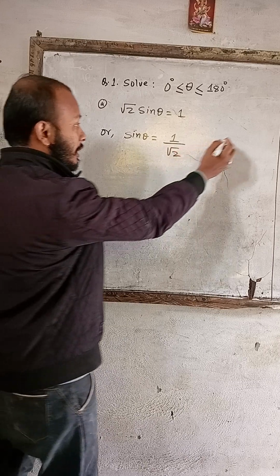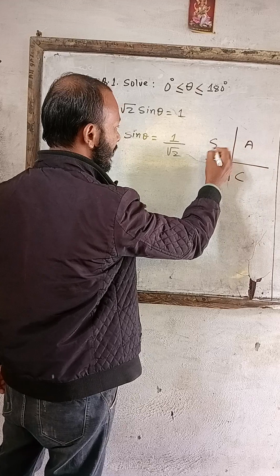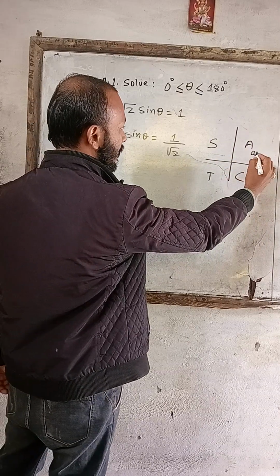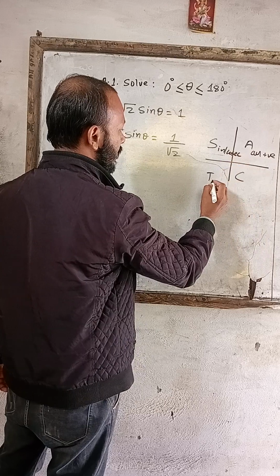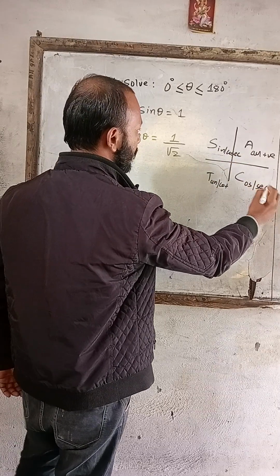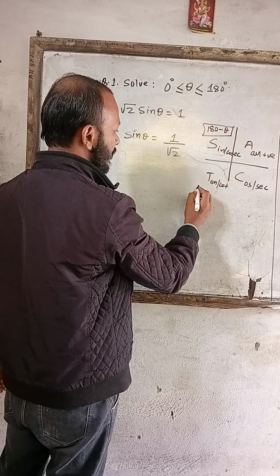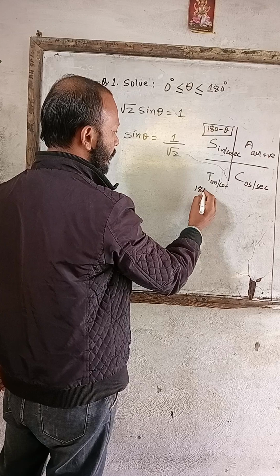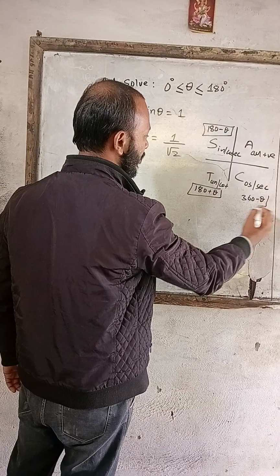So for this, now we have to remember CAST. C-A-S-T: A for all positive, S for sin and cosec positive, T for tan and cot positive, C for cos and sec positive. This is our 180 minus theta, this is our 180 plus theta, and this is 360 minus theta.